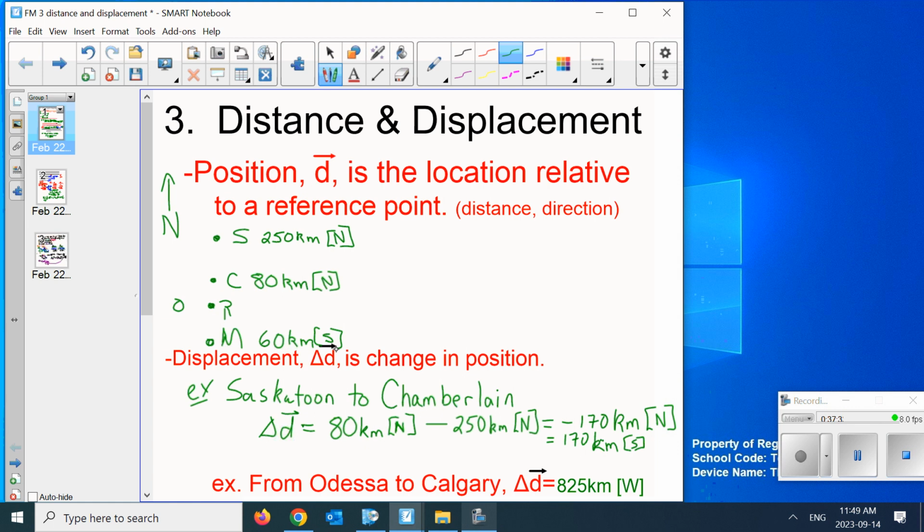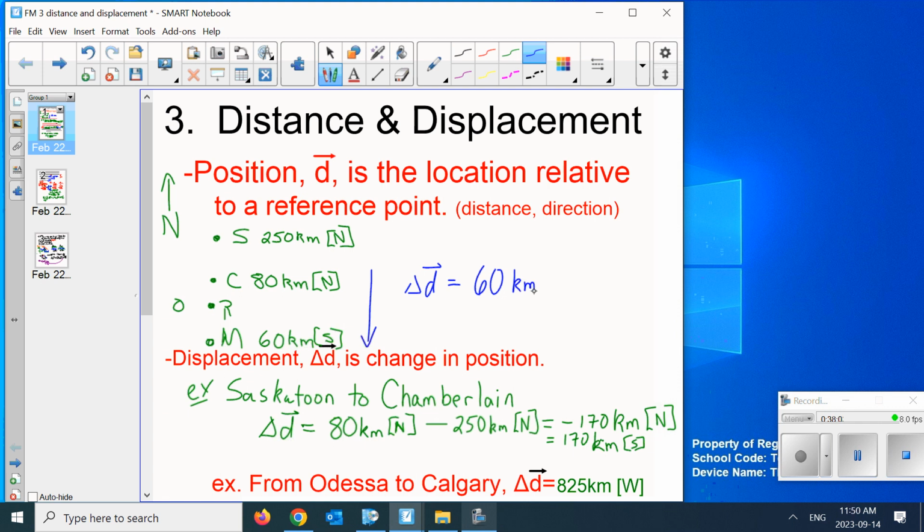I'm doing this because you can do it in your head. If I ask for the displacement from Chamberlain to Milestone, the change in position, you would say it's 60 kilometers.